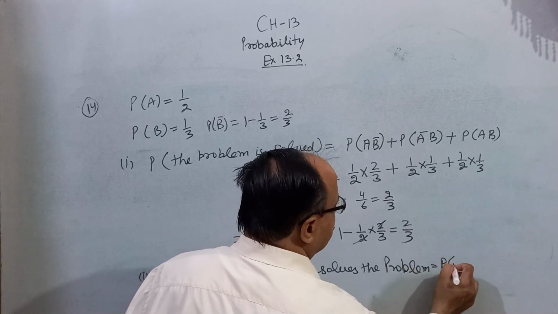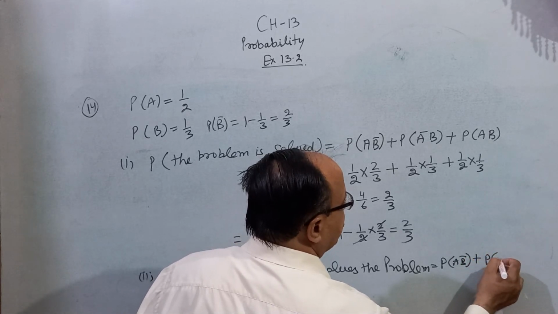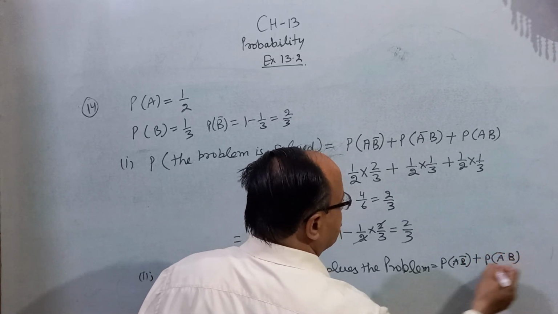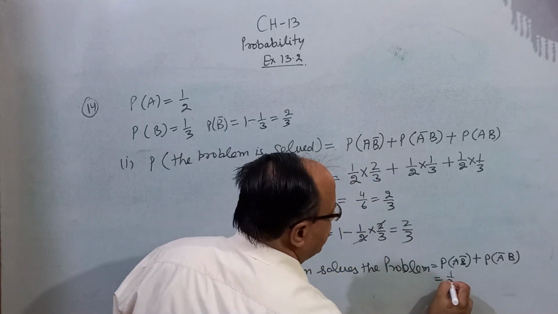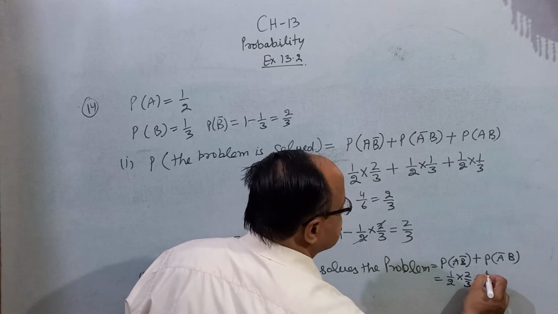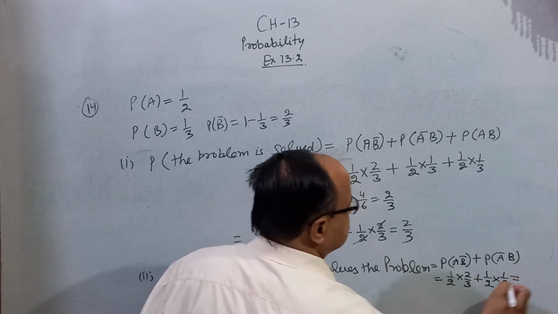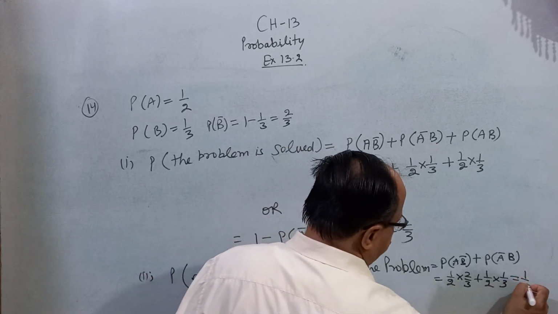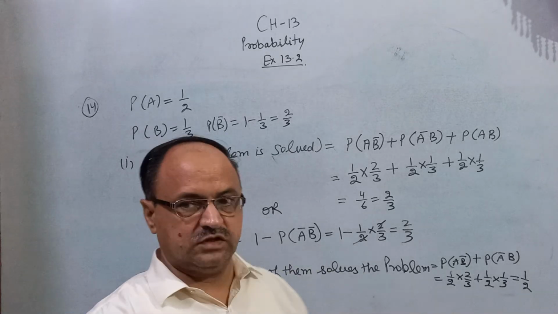That is the probability of A and B not plus the probability of A not and B. Same case: 1 by 2 into 2 by 3 plus 1 by 2 into 1 by 3. When you solve, the answer is 3 by 6, it means 1 by 2. Clear?